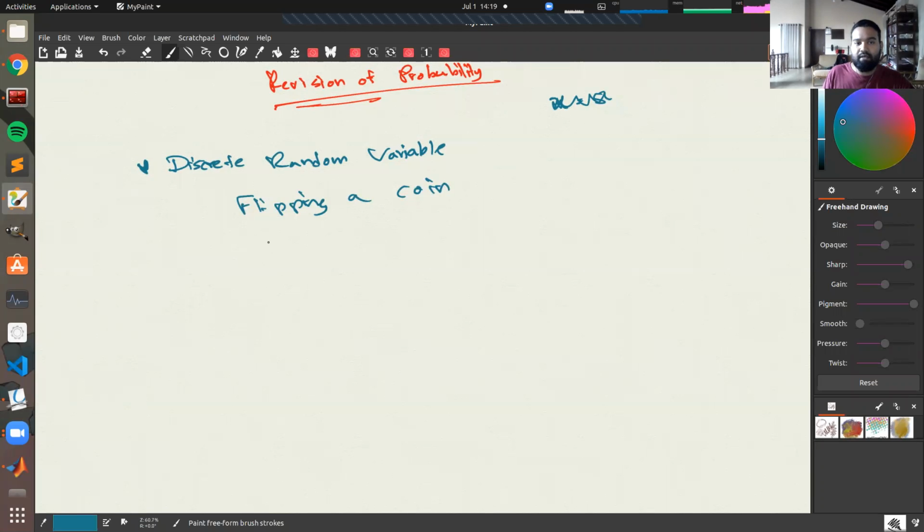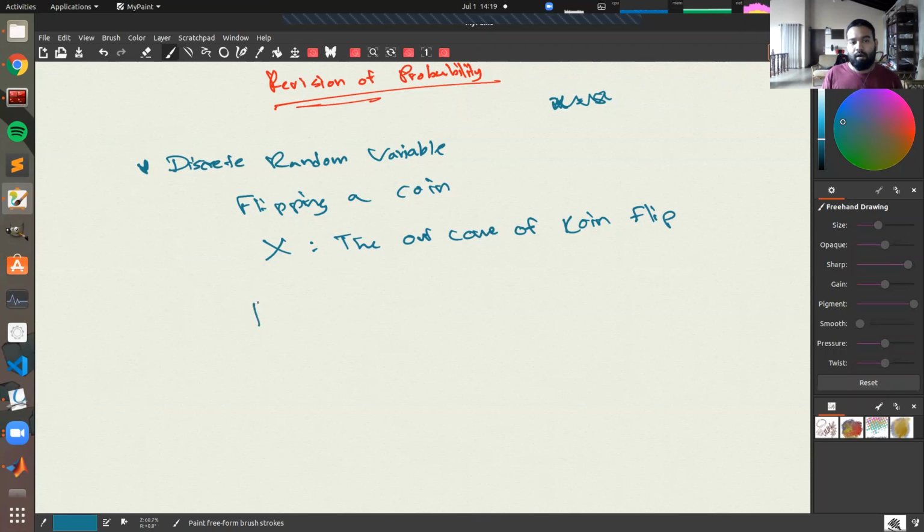So we can say x is the outcome of the coin flip. We know that the coin can be either heads or tails. So x is the random variable. We can define any sort of probabilistic event using a random variable. Here we've defined the outcome of a coin flip as a random variable x.